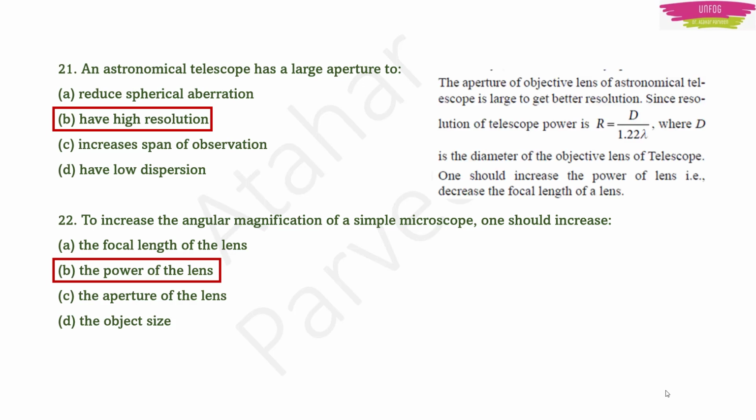For the first question, the aperture of the objective lens of an astronomical telescope is large to get better resolution, because the resolving power is inversely proportional to wavelength and directly proportional to the diameter, right? That's why good resolution means large aperture, means large diameter. And here, one should increase the power of a lens, that is, a decrease of focal length of the lens is needed.